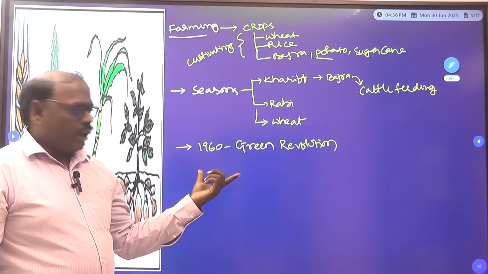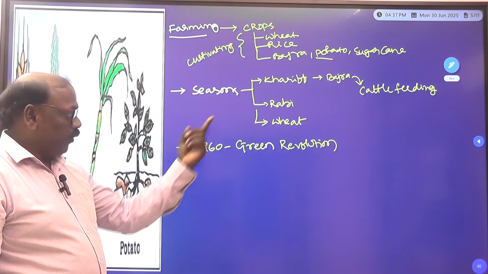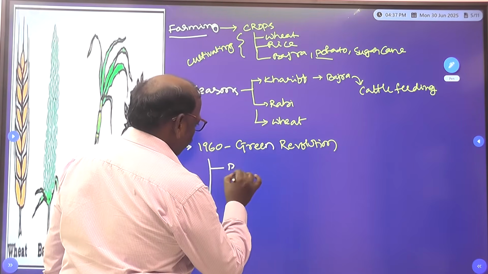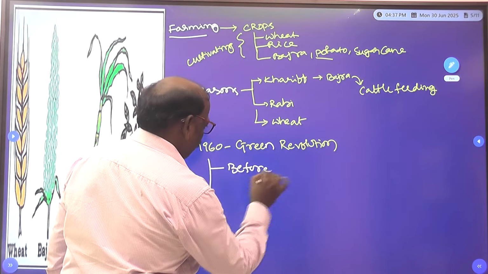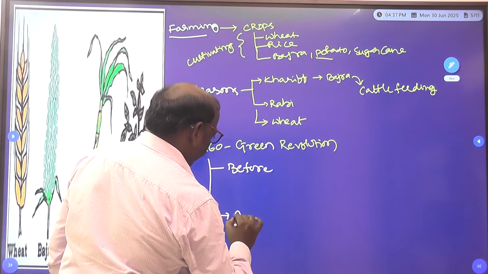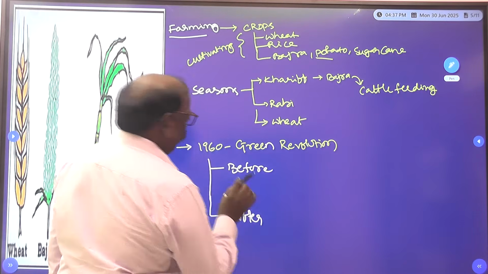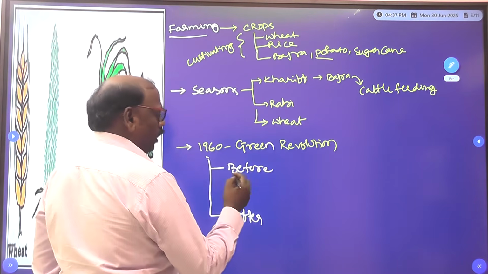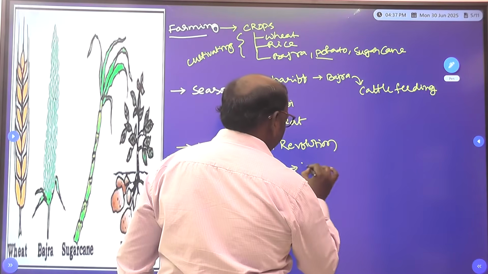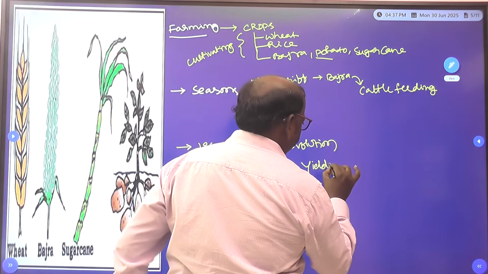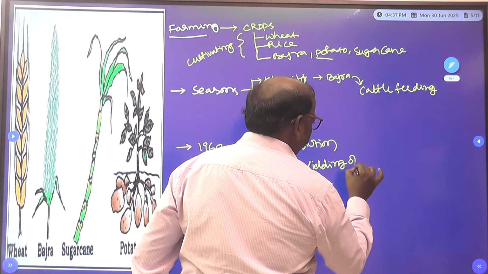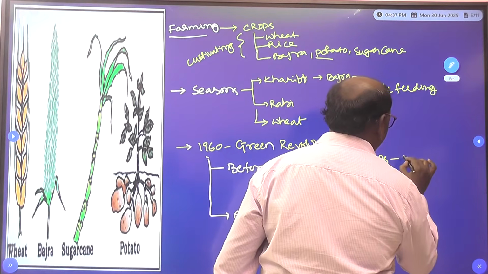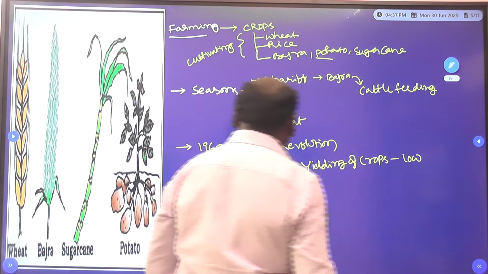Before the green revolution came into the picture, the yielding of crops was low.